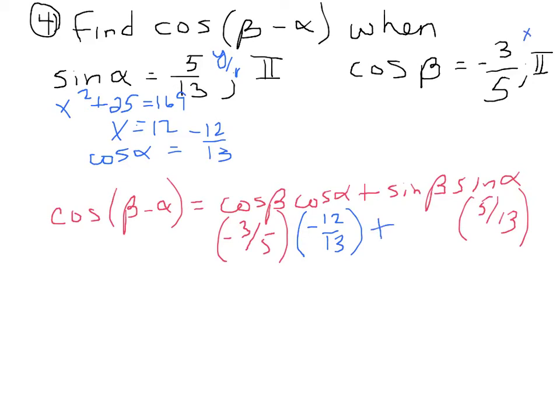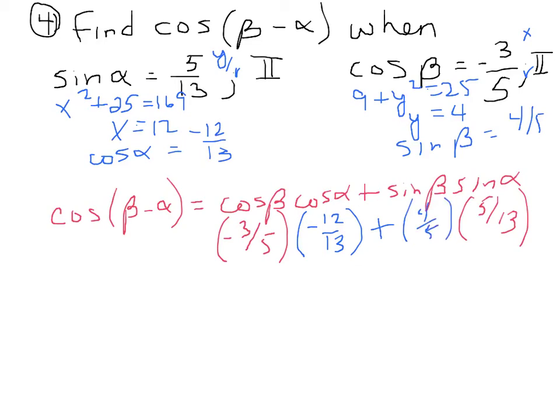Remembering cosine is x over r, so I'd have 9 plus y squared equals 25, which means y is going to be 4, and sine of beta is positive in the second quadrant, so that's 4/5. So I can fill that in now.